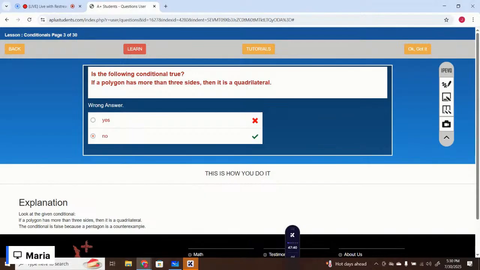If a polygon has more than 3 sides, then it is a quadrilateral. The conditional is false because a pentagon is a counterexample.